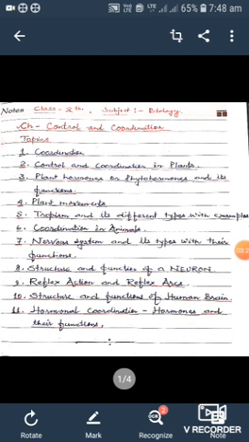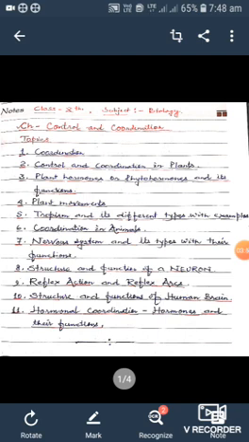Eighth, structure and functions of a neuron. Ninth, reflex action and reflex arcs. Tenth, structure and functions of the human brain. And the last, hormonal coordination.